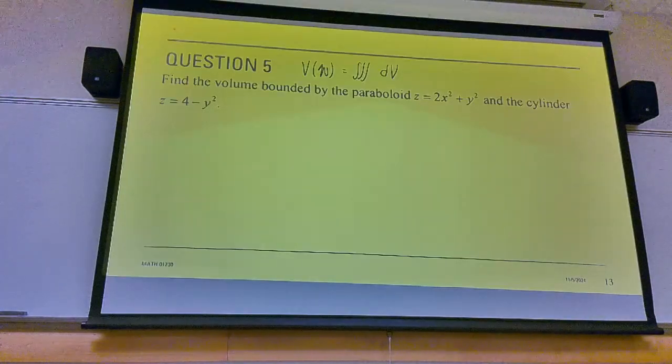Just W. Right, you integrate over the solid that you want to find the volume of. So that is the integral, which means we have to describe the region, right? It's always good to have an idea of what you're setting up. And we are going to use triple integrals, right? We won't use double, even though you'll see that it is going to wind up being the exact same thing.